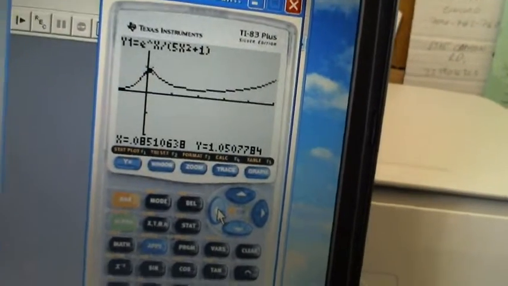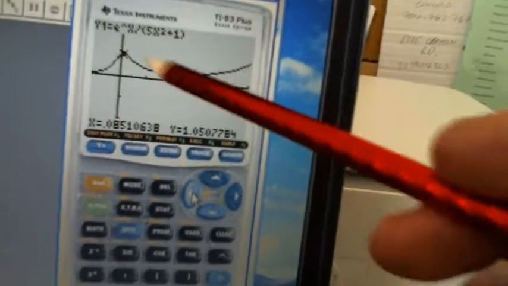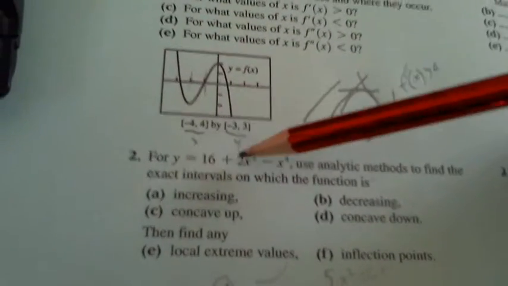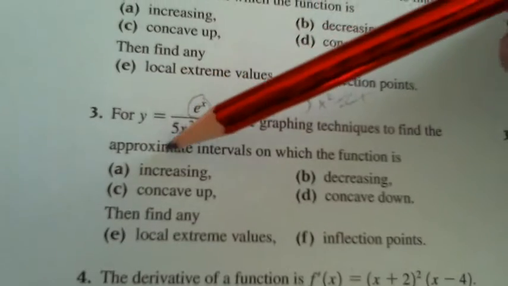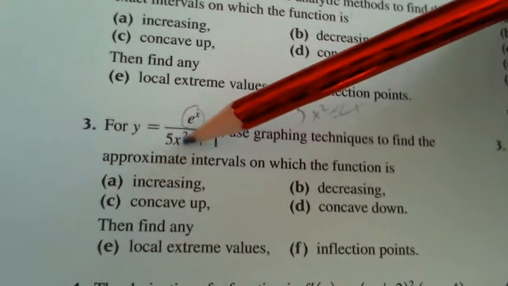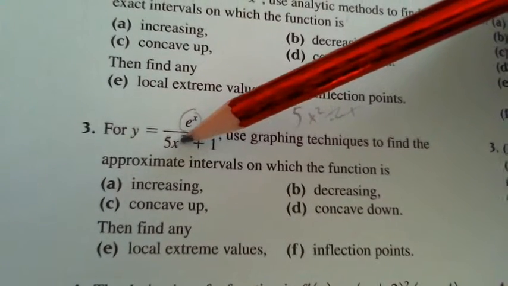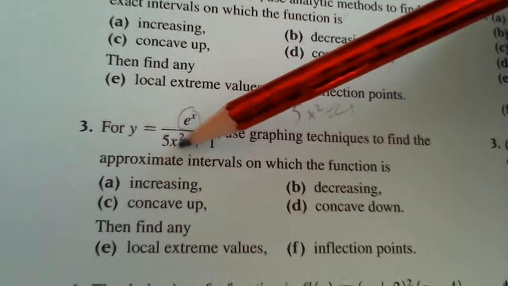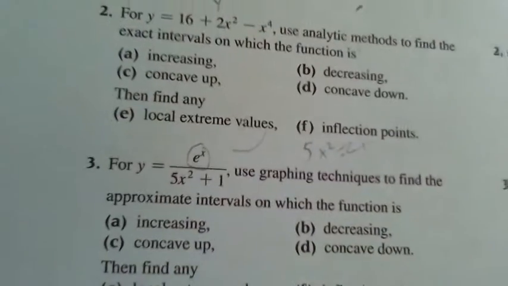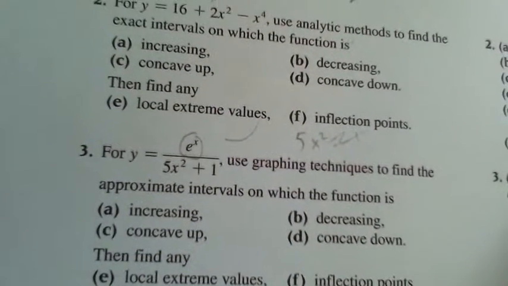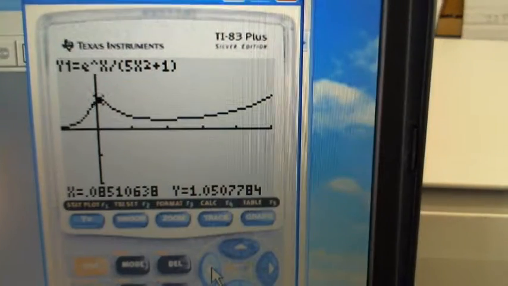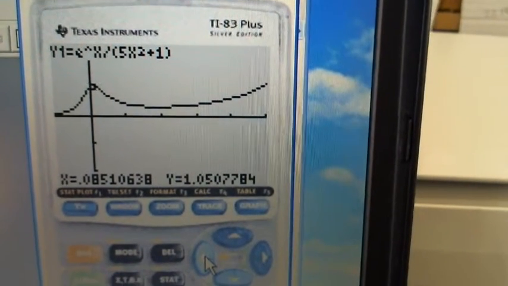So we're going to say that that actually occurs at 0, because that would make more sense. When x squared is 0, we would be at a local max, because we'd be dividing by the least possible, I suppose. All right, so we're increasing from negative infinity up to 0.